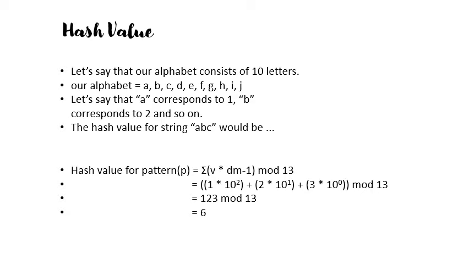Here, T is the number of characters in the input set, and M is the length of the text string. V is the number each letter corresponds to. Here we have chosen a prime number in such a way that we can perform all the calculations with single precision arithmetic. Once we are done comparing both hash values, we calculate the hash value of the next window by subtracting the first term and adding the next term.